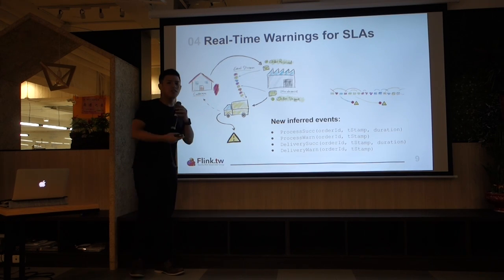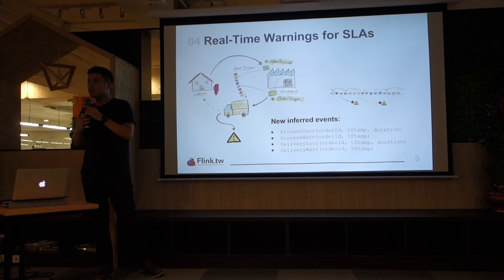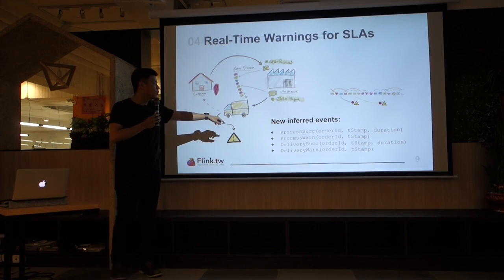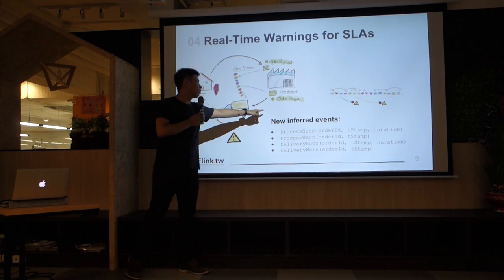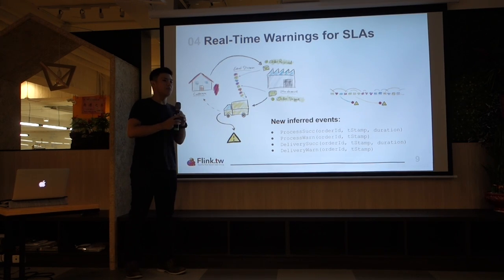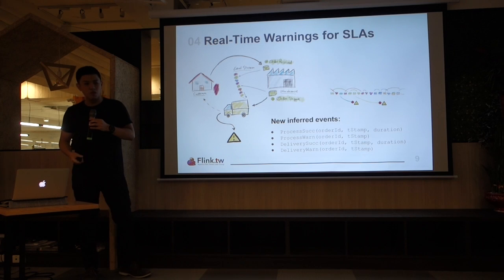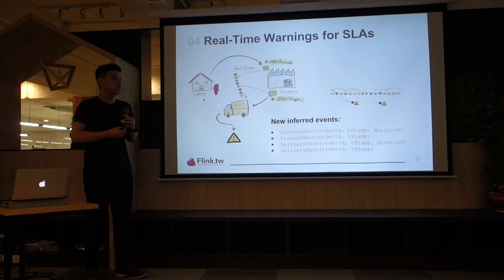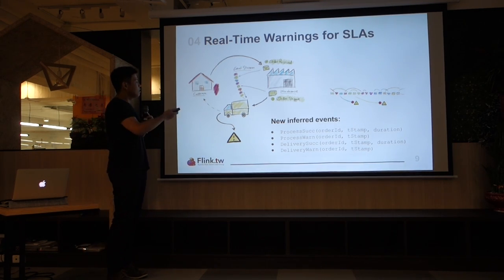And this is about to break the service level agreement of how long it should take for an order to ship to the customer. For example, for PC Home, they guarantee 6 hours. But what if it's almost 5 hours, and we want to warn that this is going to exceed.